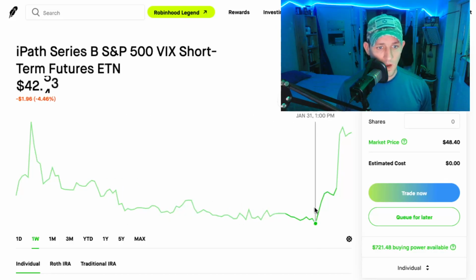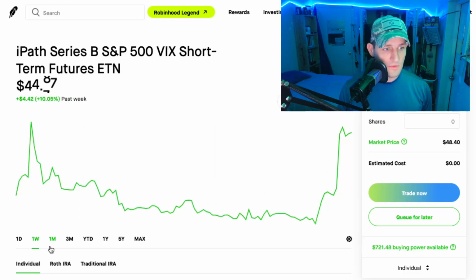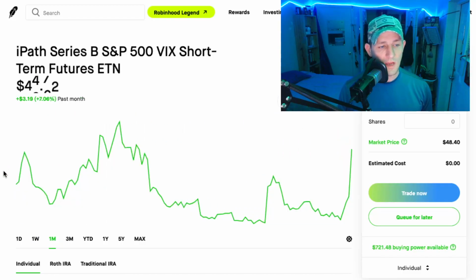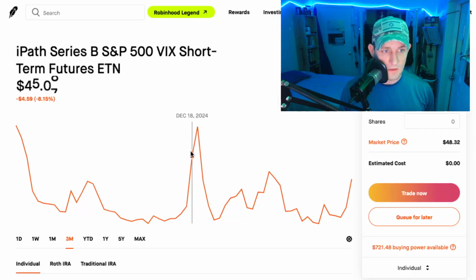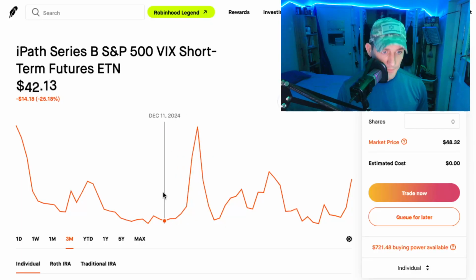And what happens is when the market dumps, you do want to have a take profit. Look at the 3-month period. You can see each of the dumps that have happened in the market. This fund is positively correlated with the VIX. So when the market dumps, specifically the S&P, this fund goes higher because the VIX goes higher.